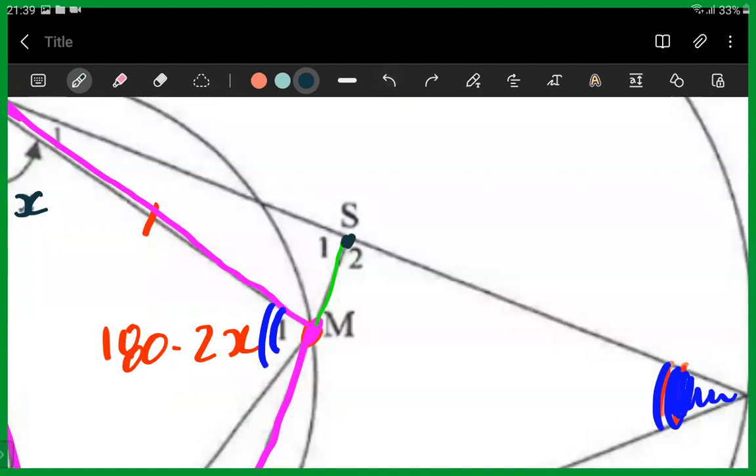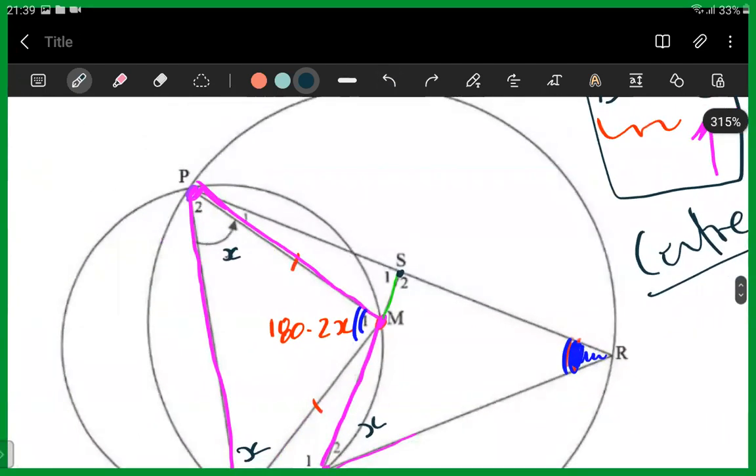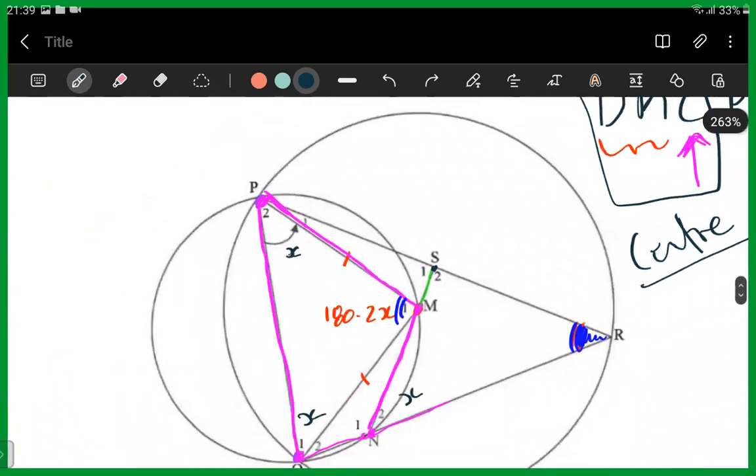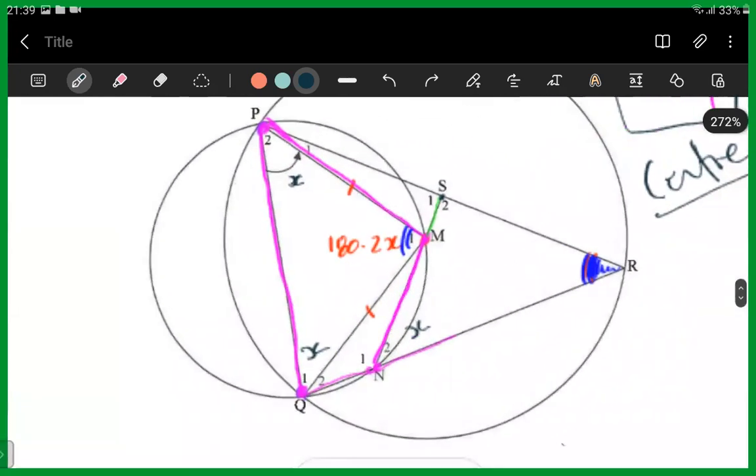Wait, hold on. We cannot say that, because, wait, we cannot assume, no, line from center. The thing is, one of two things has to be given: the lines have to be perpendicular, or the lines have to be equal, for us to be able to state the other.